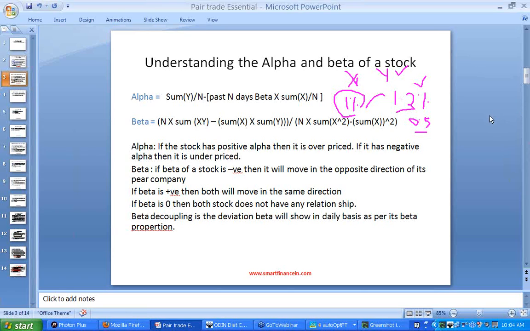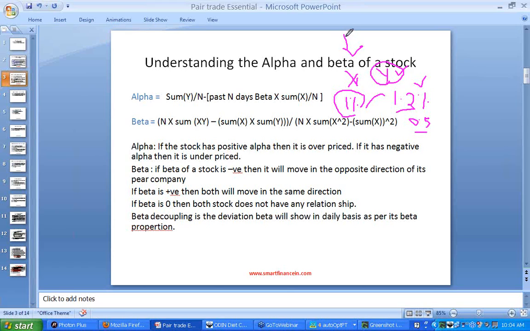Once this decoupling comes, one costlier stock can become more costlier and one cheaper stock can become more cheaper. And while devising this X and Y, the stock which has higher volatility must be X, and the stock with lower volatility will be Y.